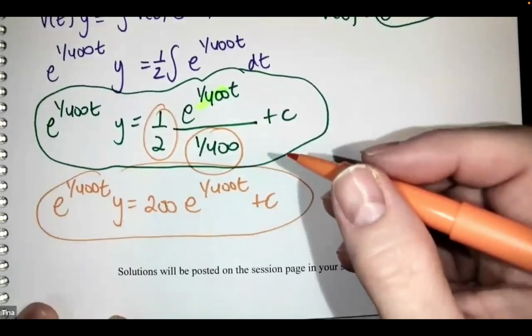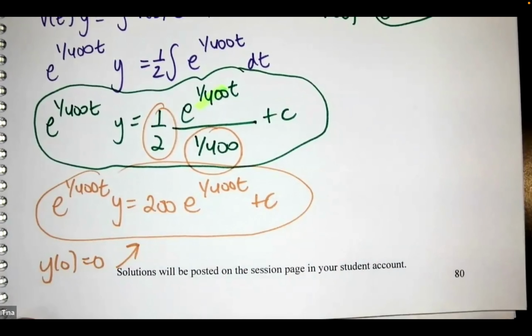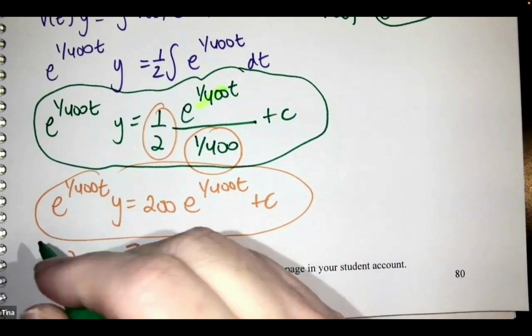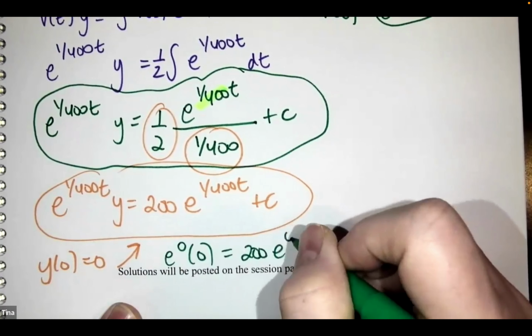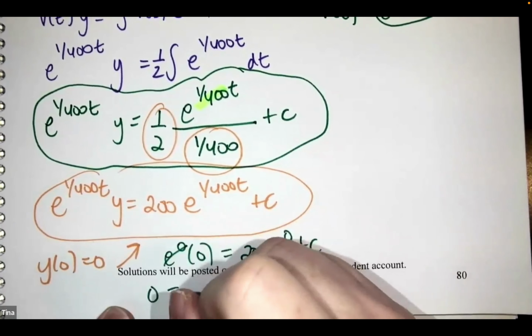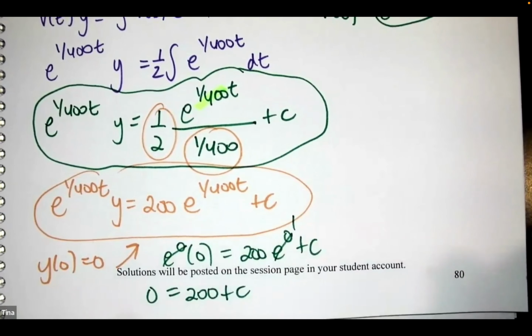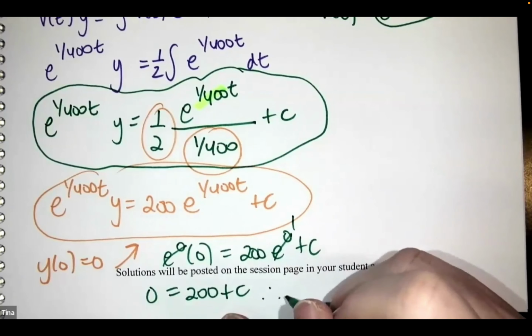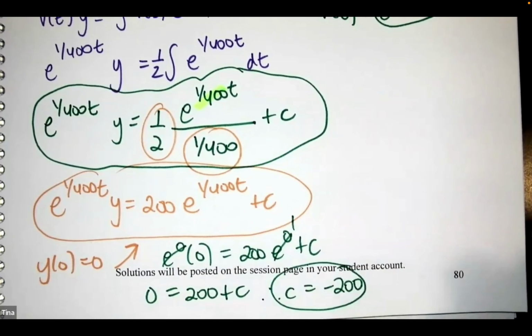And let's sub in our 0, 0 point and find c. So e to the 0 times 0 equals 200 e to the 0 plus c. That's 1, but 1 times 0 is still 0. And that's 1, so that's 200 times 1 plus c. So c is negative 200.